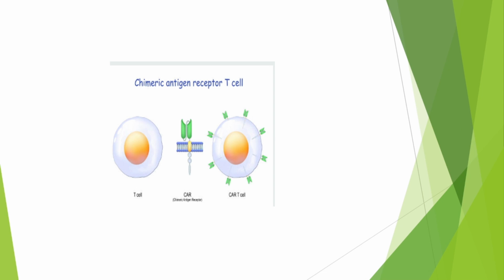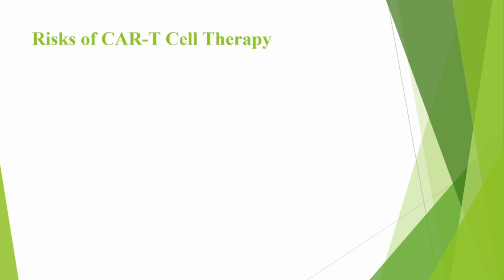This is a diagram showing the chimeric antigen receptor T cells. T cells with chimeric antigen receptor form chimeric antigen receptor T cells. Risks of chimeric antigen receptor T-cell therapy.